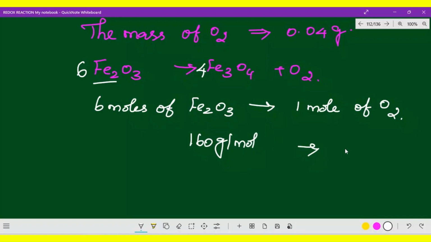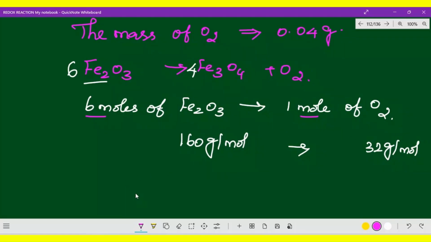And oxygen, how much is it? The molar mass is 32 gram per mole. The same way, 160 gram per mole of Fe2O3 can produce 32 gram per mole of oxygen.